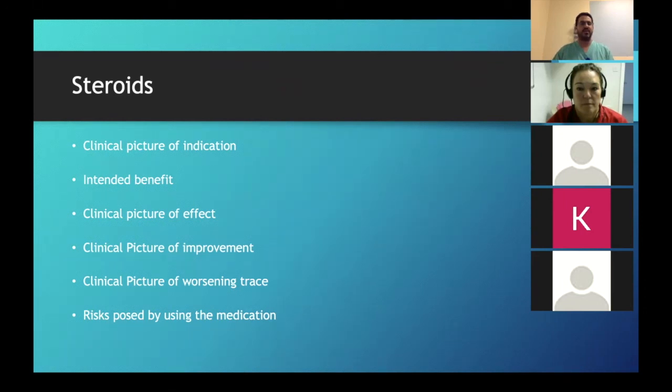Does it have any potential harmful effects? Why do we not repeat steroid dosages? Can affect growth and things like that. Yes, it can affect growth. Can it affect the baby's brain? Yeah. Yes.